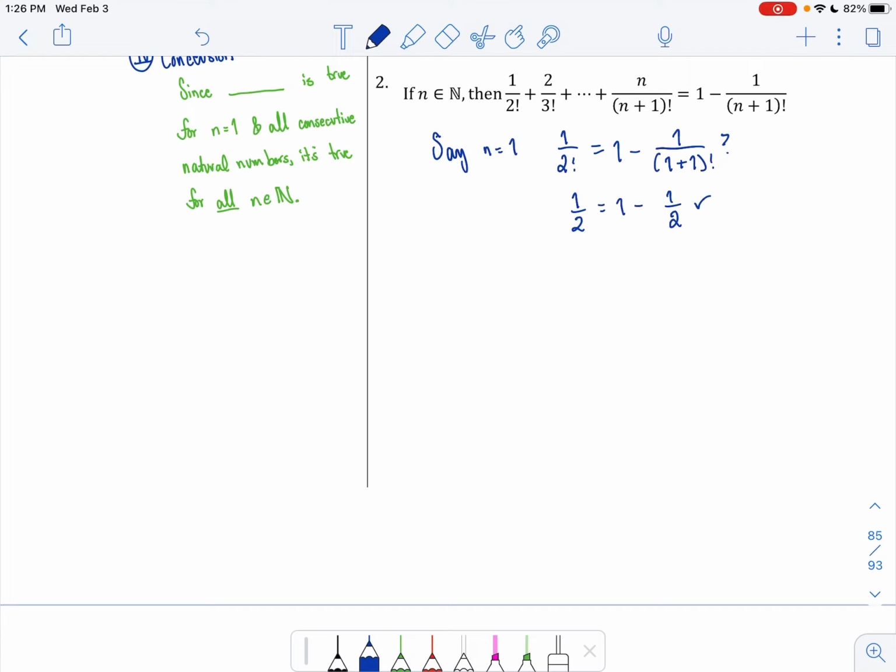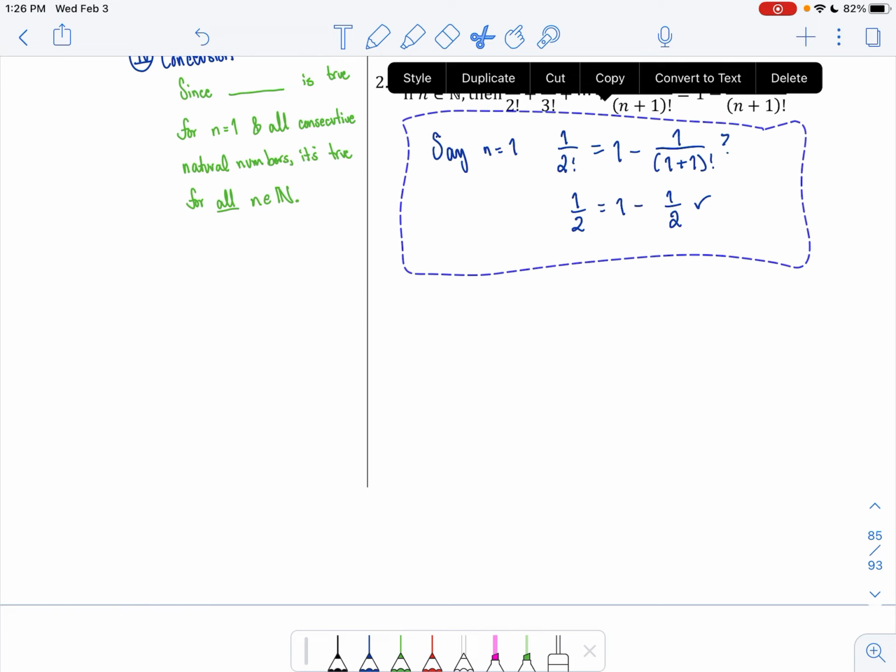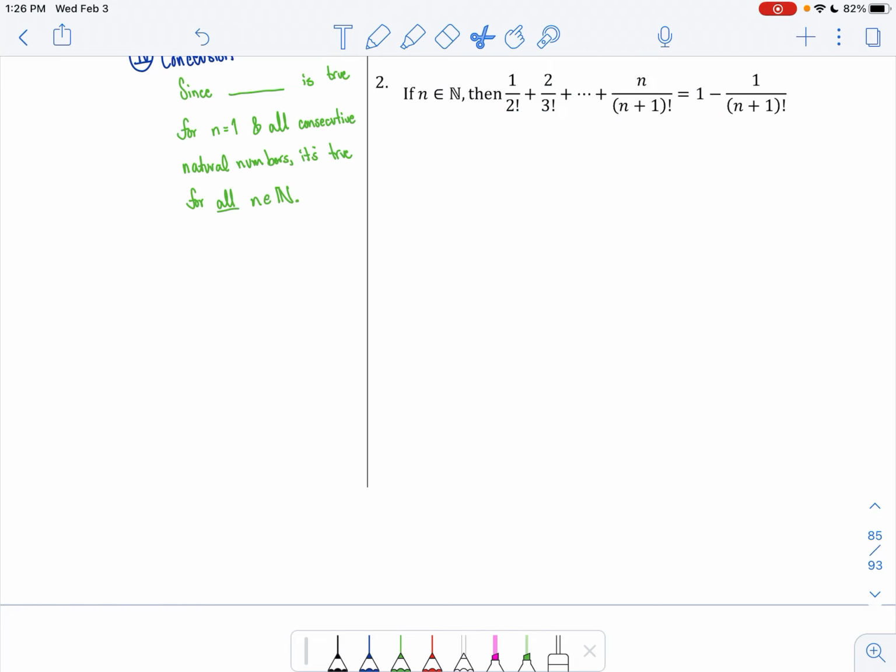So again, we will say, all right, we know it's true for some k. We want to show it's true for k plus 1. So I'm going to clear this so I have space in my notes. Now I'm going to jump to the algebraic step here.